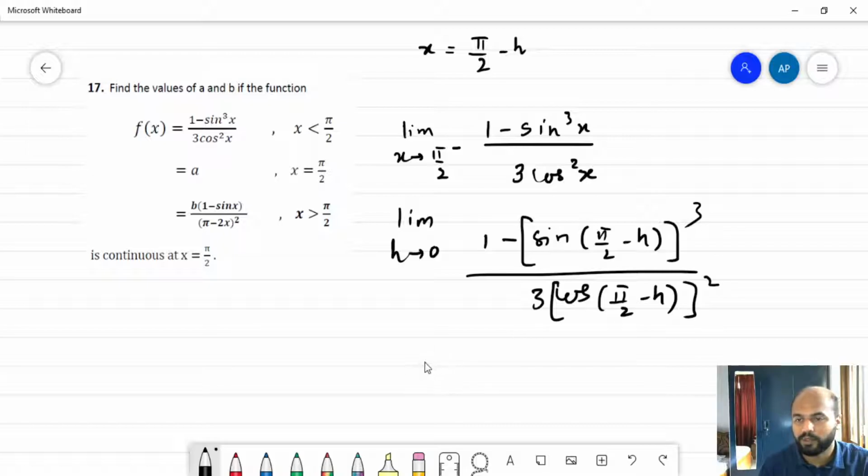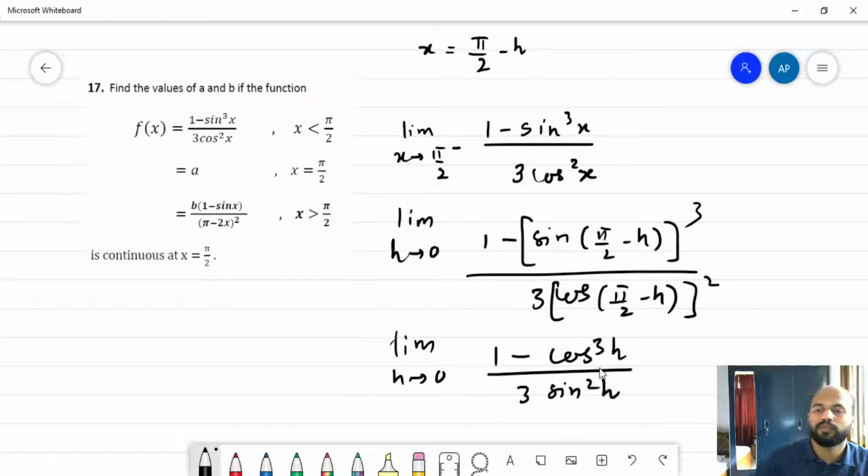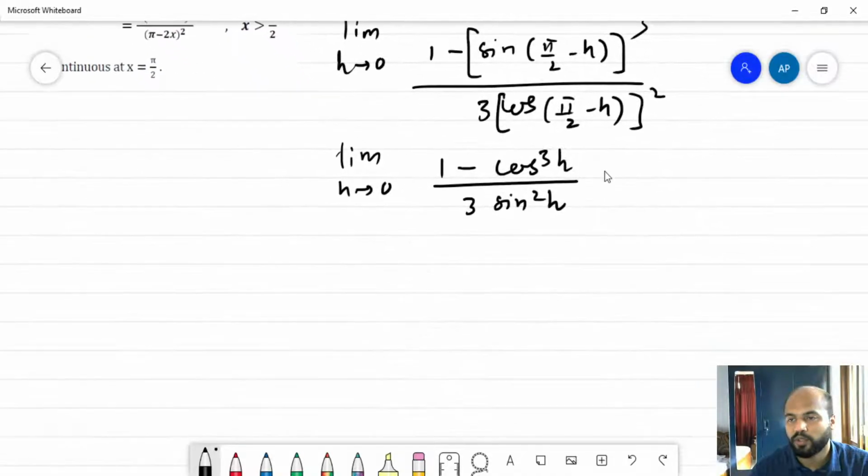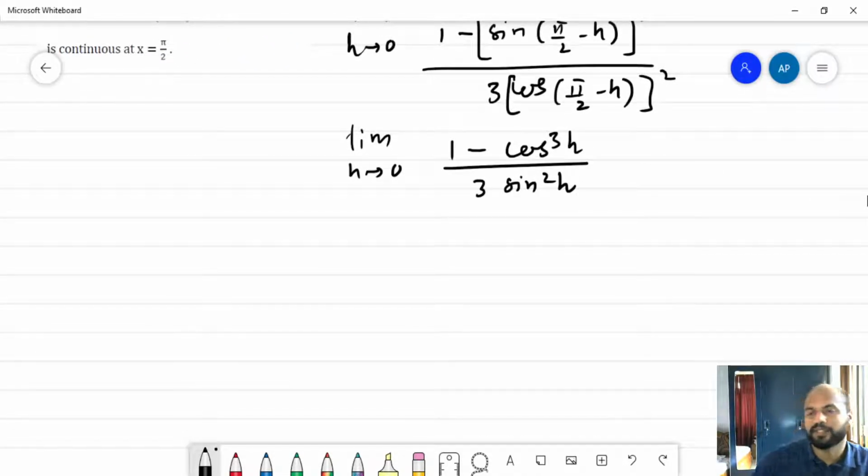Let's see what happens. So limit h tending to 0, 1 minus cos cube h by 3 sine square h. That's what happens. Now we are in a position to do something about this, and I'm sure we'll be able to find the value of this limit. You can clearly see that there is this cos cube h which cannot be evaluated directly.